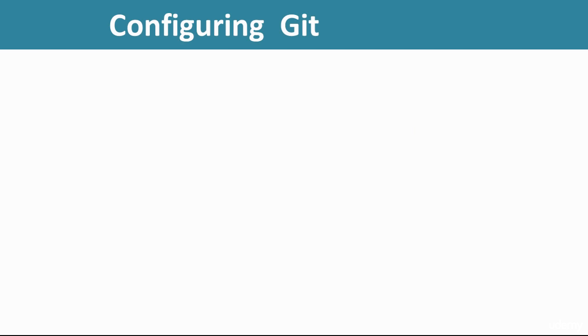The first and largest place is the system. So we've got the system level configuration. This is configuration that ought to apply to every user on the computer. So any changes you make to the system configuration will apply on a system-based level.